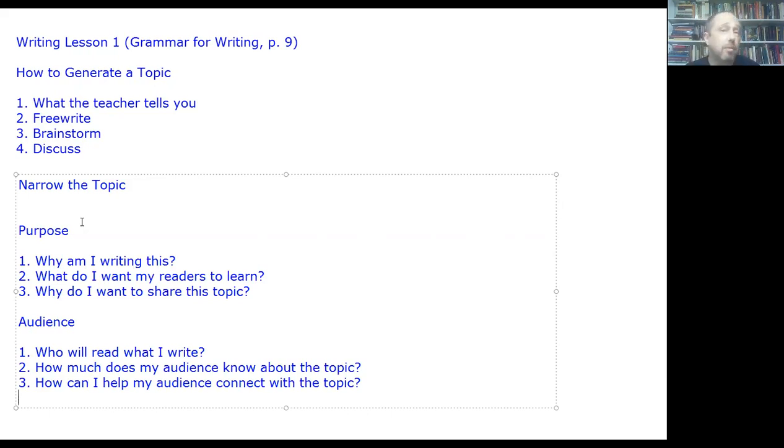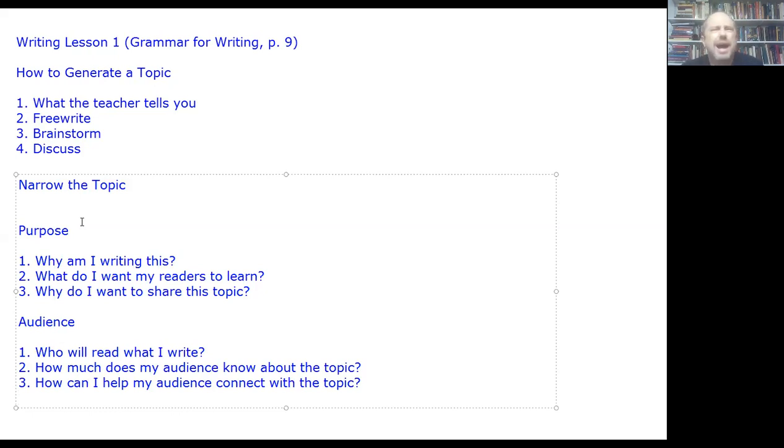Okay, so for my purpose, perhaps I'm just being descriptive, or I'm being persuasive. I just want to entertain or inform. This is going to influence the types of details that I will include. What do I want my readers to learn? If I want my readers to learn how to cook lasagna, then I need to be very specific about my instructions, right?